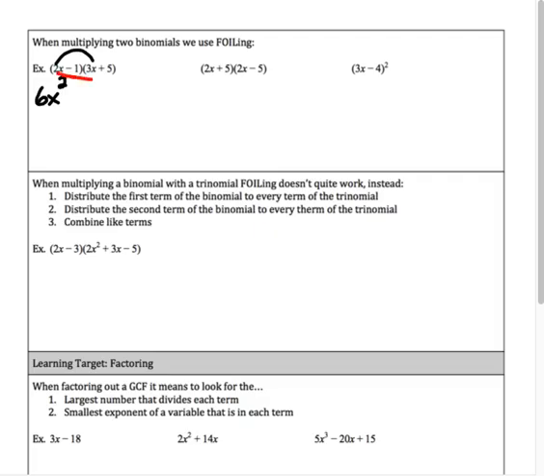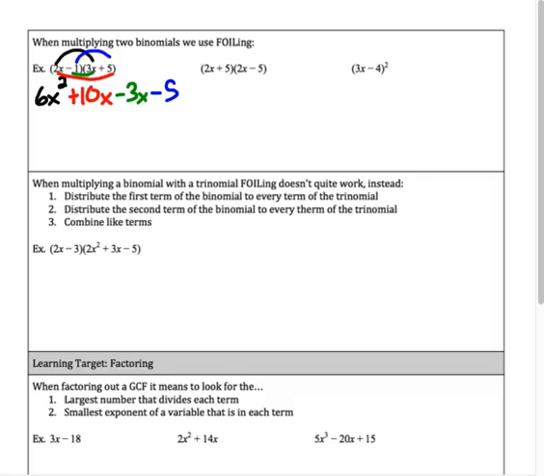Outside, so 2x times 5 is 10x. Inside, negative 1 times 3x is a negative 3x. And last, negative 1 times 5 is a negative 5.